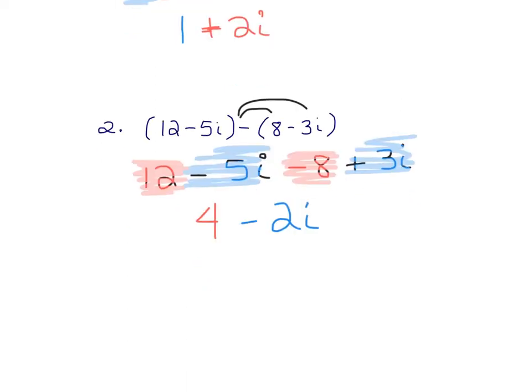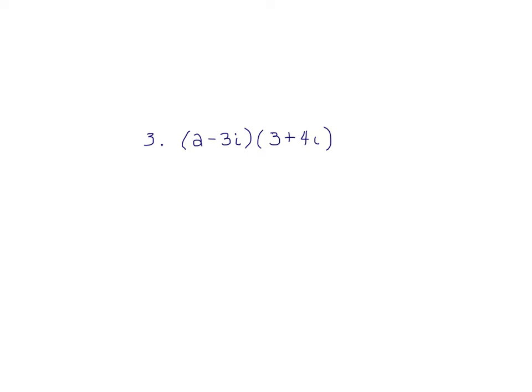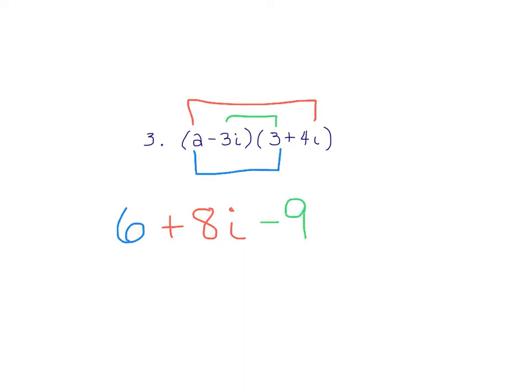In example 3, I've got multiplication. I've got two complex binomials, but I'm going to FOIL them. First, I get 6. Then outside, 2 times 4i is 8i. Then inside, I get negative 9i. And finally, last gives me negative 12i squared. Now, does anybody remember what i squared is equivalent to from yesterday?